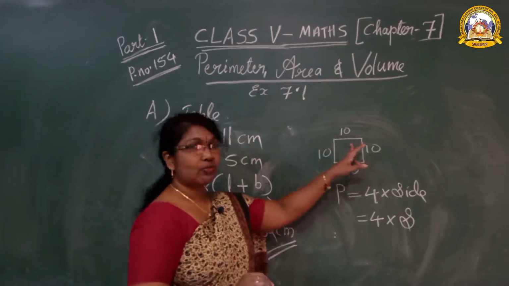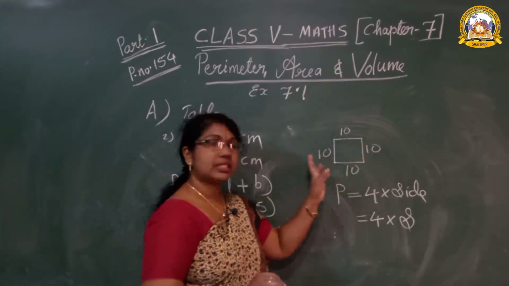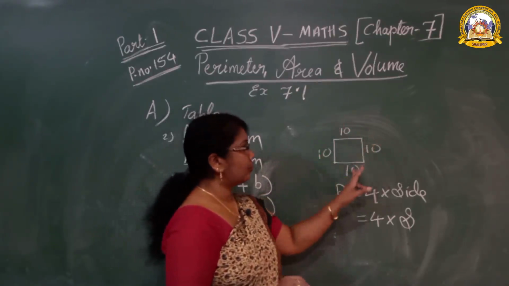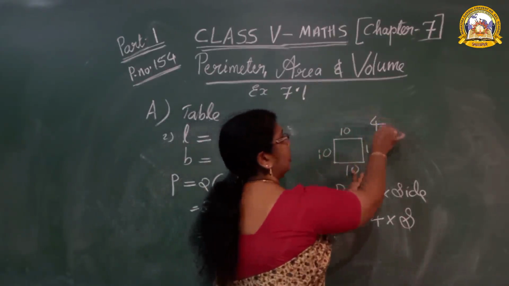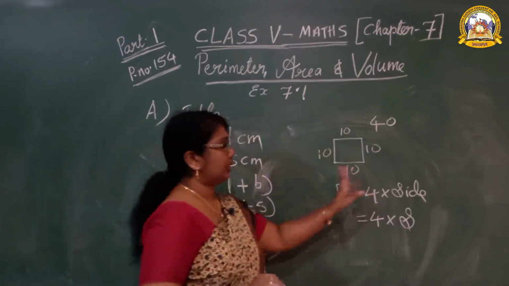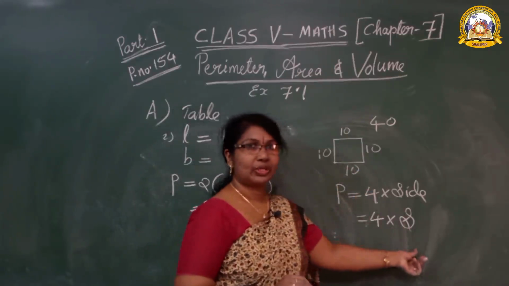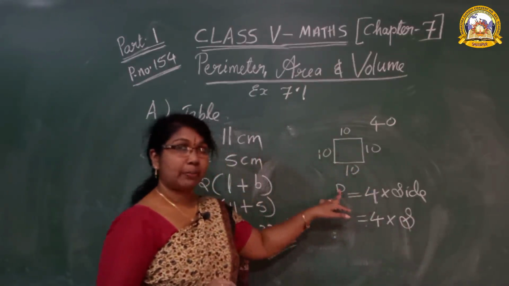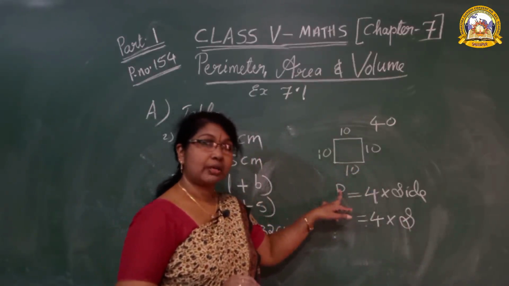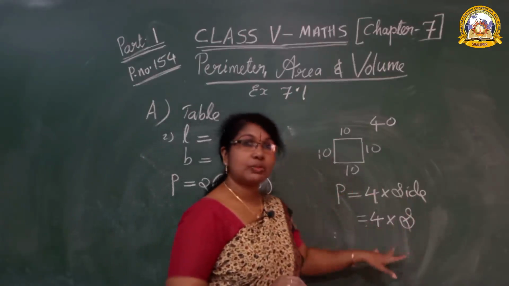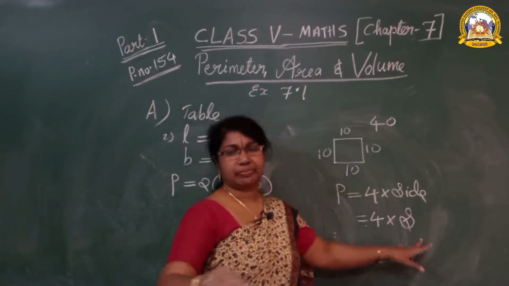So in a square, one side is given, we know all the sides are equal. So now look here, 10, 20, 30, 40. What is the perimeter we got? We got the perimeter 40. So 4 into one side, 10. 4 into 10, 40. So what is the formula? Perimeter of square? 4 multiplied by one side. That means 4 into S.